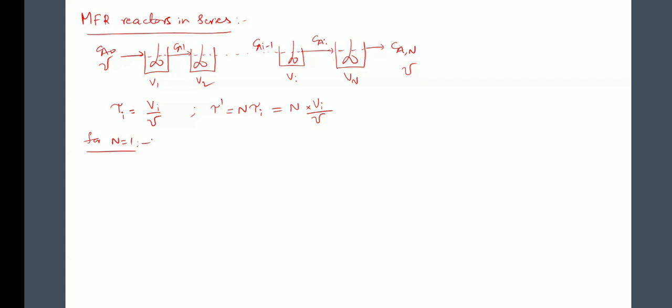Yesterday I showed two ways you can write the material balance for the CSTR: in terms of molar flow rates, or in terms of concentrations. In terms of molar flow rate, it is Fa0, input, in moles per second, equal to Fa plus minus Ra into V. This is the mole balance equation around one CSTR in terms of molar flow rates.